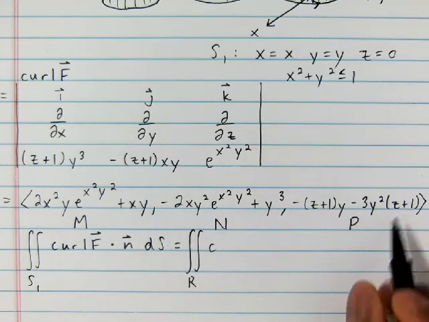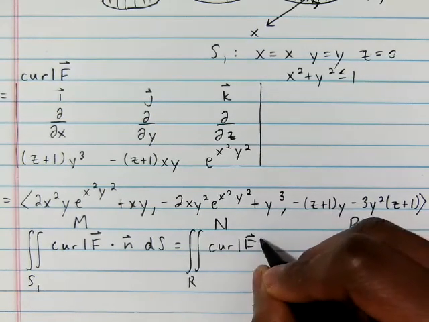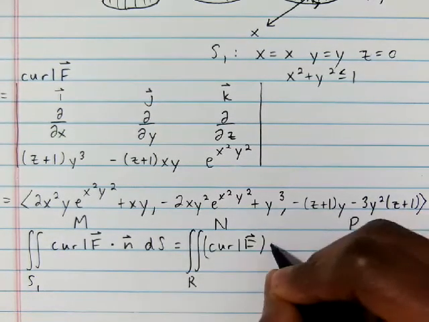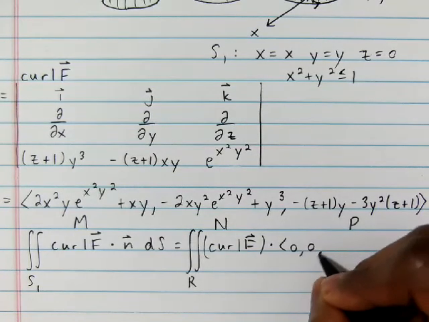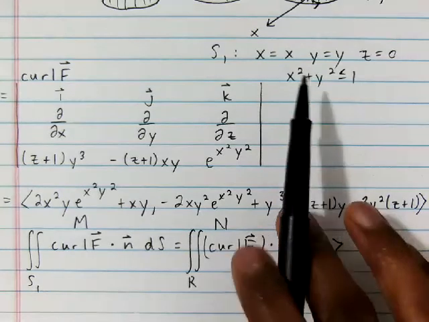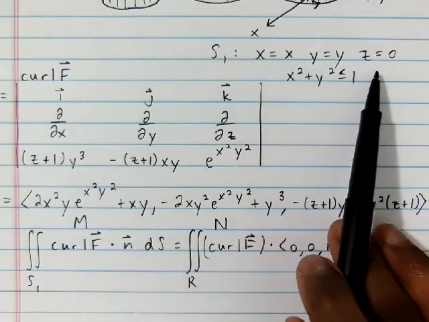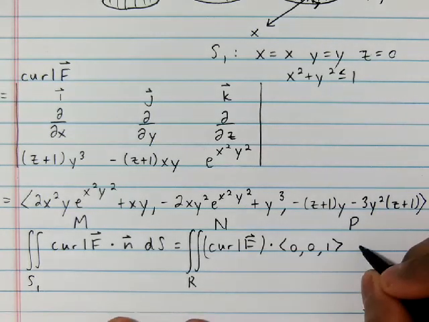Then we dot that with our normal vector, which is 0, 0, 1. Keep in mind, in practice, you normally would do r sub x cross r sub y for your parameterization of your surface to get this. Then dA.